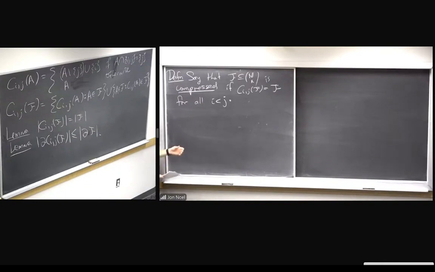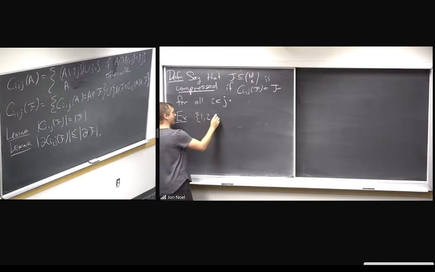What would be really amazing is if the only compressed family was the initial segment of colex, the first M sets in colex. It's actually not true. Maybe we won't verify this, but I'll just write it down.